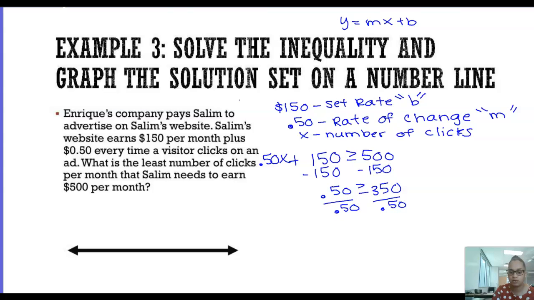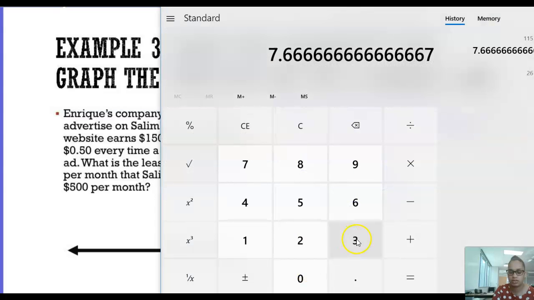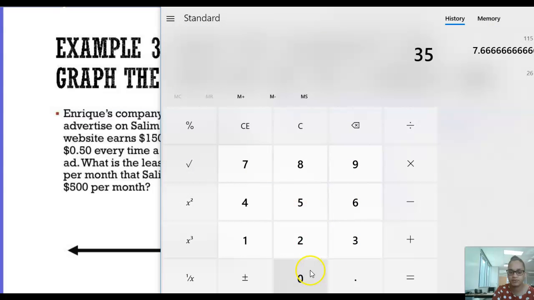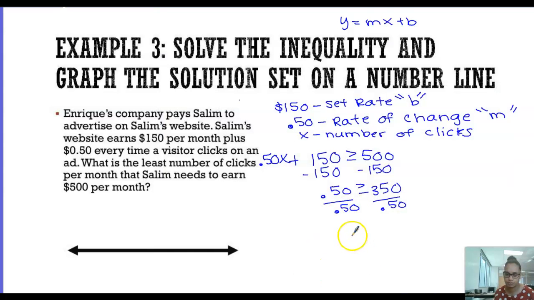Let's go ahead and use our calculator here. 350 divided by 0.5 is 700. So x would be greater than or equal to 700. What does that mean? It would take at least 700 clicks to make $500. So 700 or more clicks would be my answer.